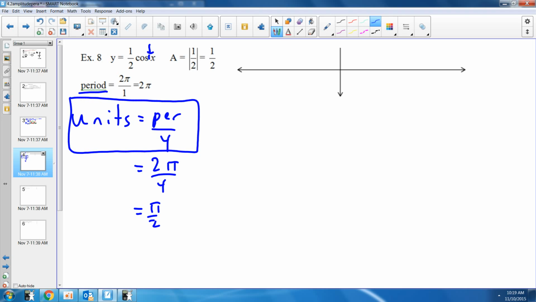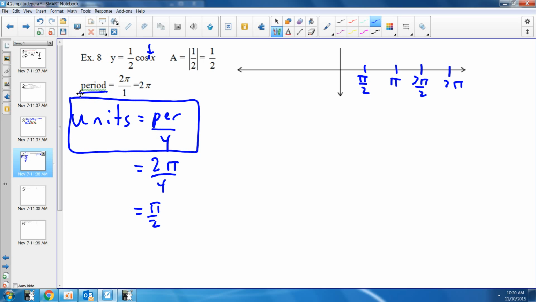Let's go through and write down what we're looking at here. So this means that I'm talking about pi over 2, pi, 3 pi over 2, and 2 pi. I'm going up by each unit of pi over 2. And I do it 4 times because that's going to be one complete cycle as I draw this.